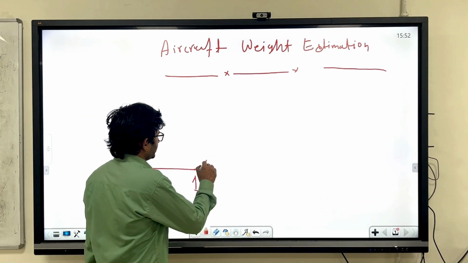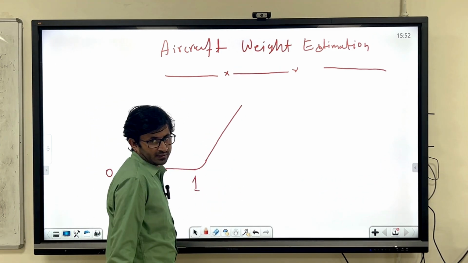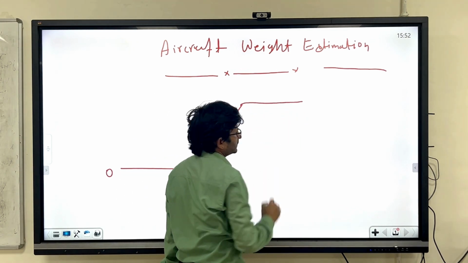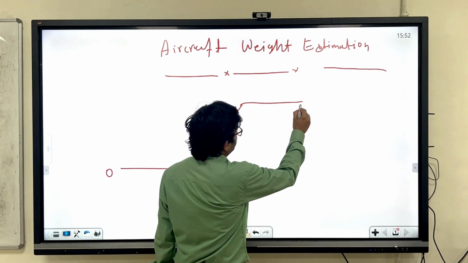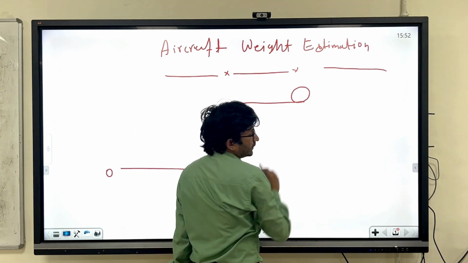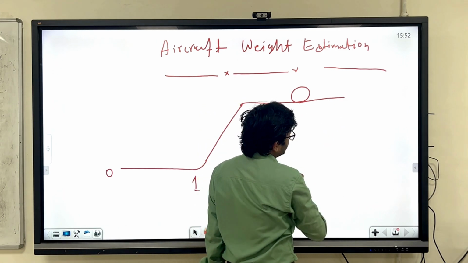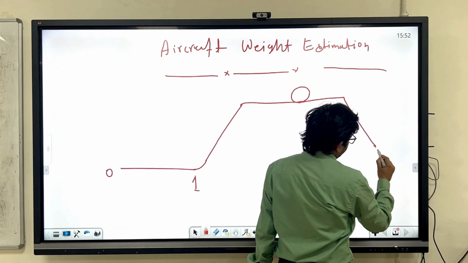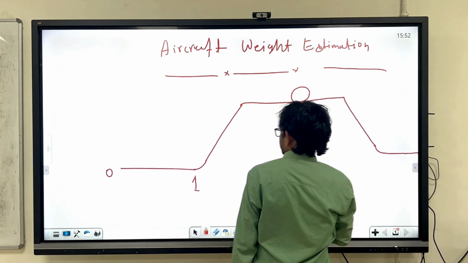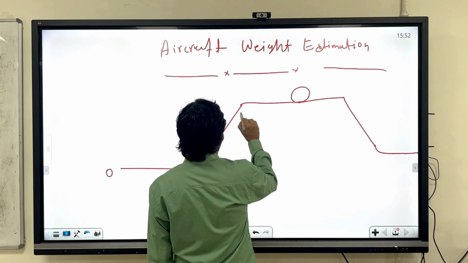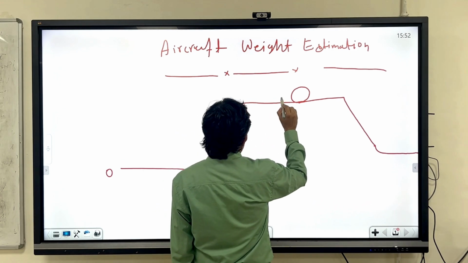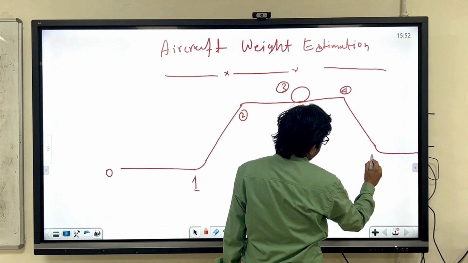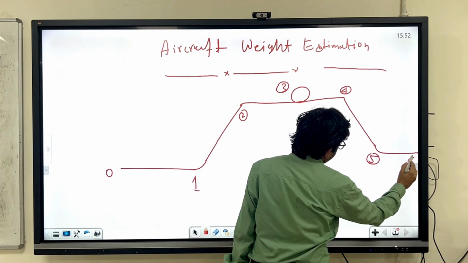Then you will climb, attain some altitude and cruise, and if there is a requirement, you will loiter, again cruise, and then you may descend, and finally land. So you can mark these as 0, 1, 2, 3, 4, 5, and 6.